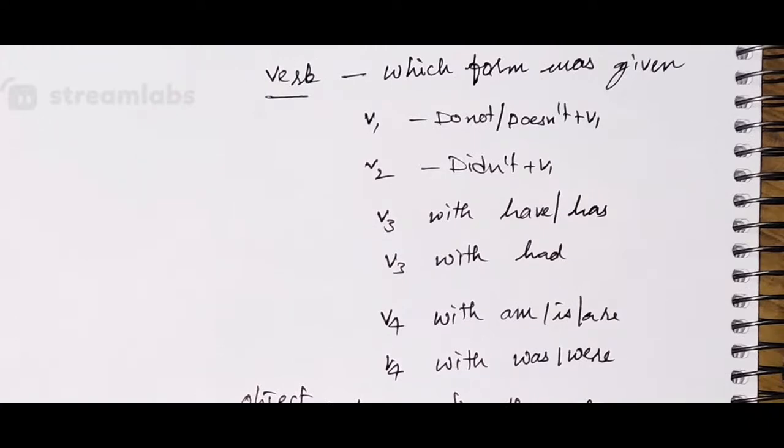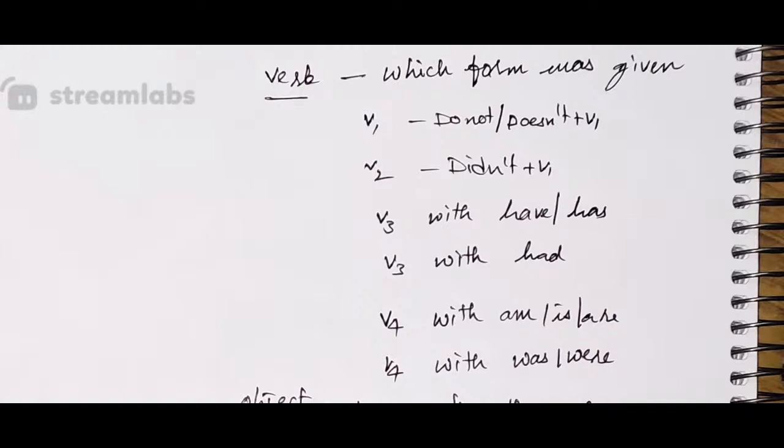Was the first form of the verb given, or has it been given like do not or does not plus V1? Or is it given like V2 or V3 with have or has, or V3 with had, V4 with am, is, are, or V4 with was or were? This also has to be understood.